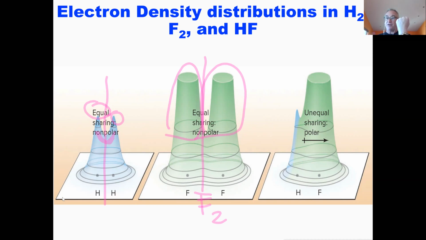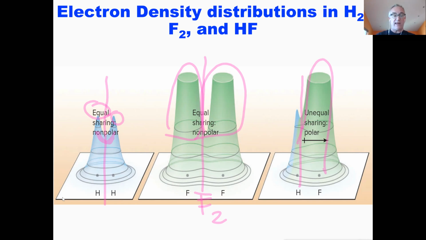But put hydrogen next to fluorine, and you can see now it's unequal. Most of the distribution is around the fluorine, and if we draw a line down there, you see it's not equal sharing. That shared pair of electrons spends a lot more time in the vicinity of the fluorine than it does near the hydrogen, and that's a polar bond.